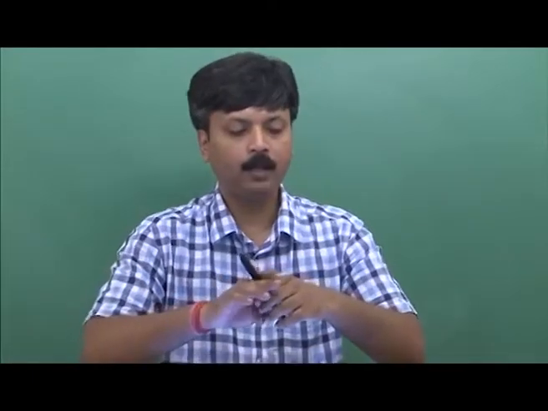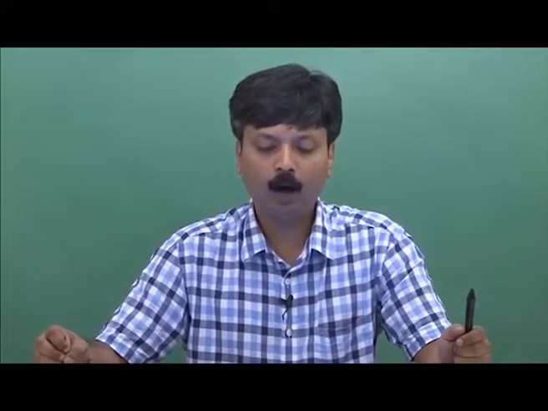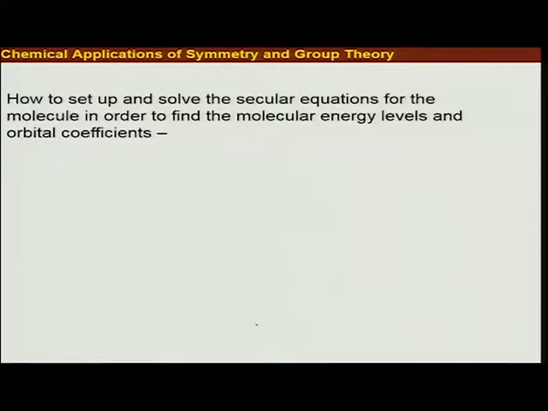In order to do that, we learned how to set up the secular equation in the form of a secular determinant, and solve it using certain approximations known as Huckel's approximation, and then we find the energy levels. And we also learned how to find orbital coefficients.